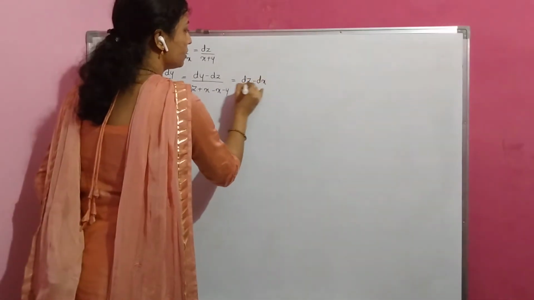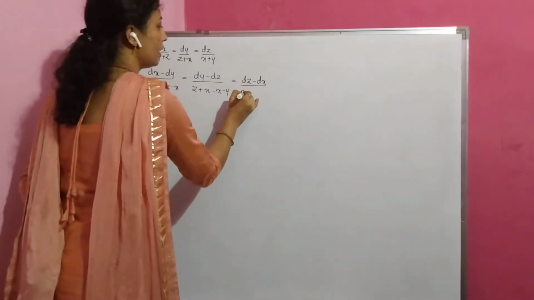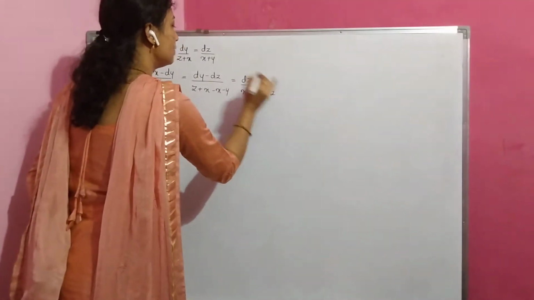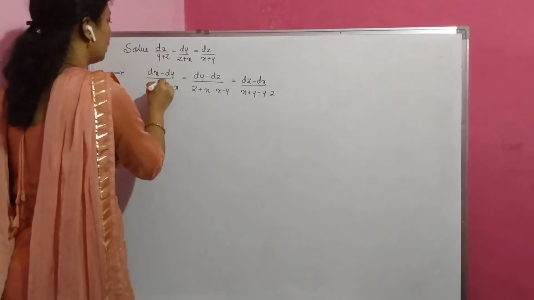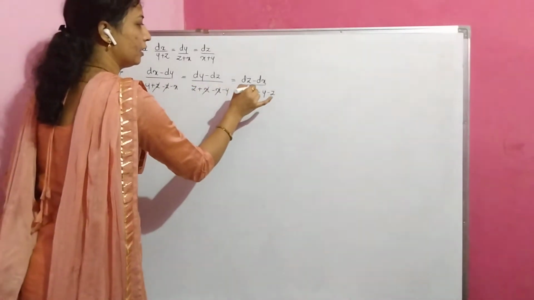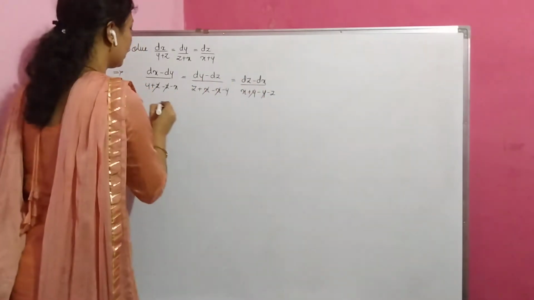and this is equal to dz minus dx. Dz minus dx is again x plus y, minus of y plus z means it is minus y minus z. Here the terms plus z minus z, and here the term plus x minus x, and here the terms plus y minus y get cancelled.